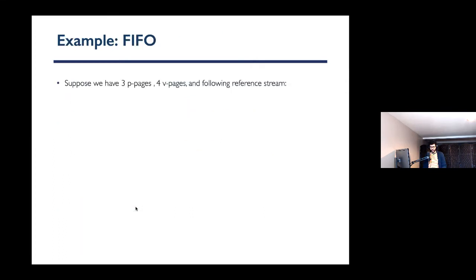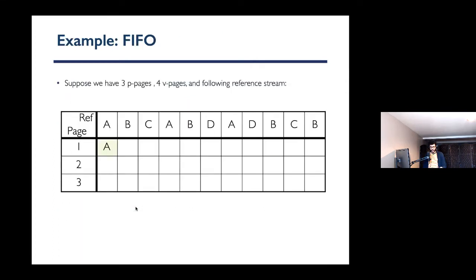So let's look at an example of FIFO. Basically, what happens here is you have, let's say, the memory capacity is only 3 pages, and then this is your sequence A, B, C, A, B, D, A, D, B, C, B. And every time you bring a page to memory, you put the character there.